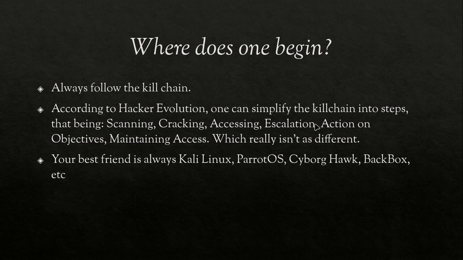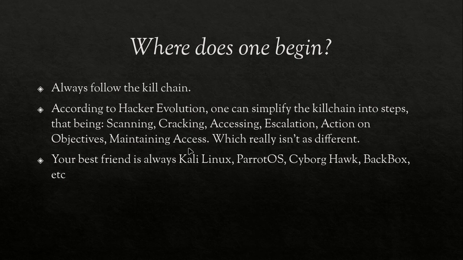Remember, privilege escalation was the concept of getting root access or administrator access, or getting the highest privilege access possible. Once you have obtained this, then you can take a look at your action on objectives. This is where you are now doing what you are supposed to do, whether it was to get a file, copy a file, delete a file, or whatever it is. That's where you will be doing it.